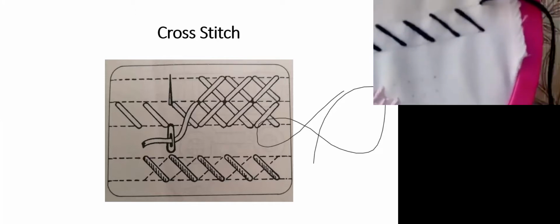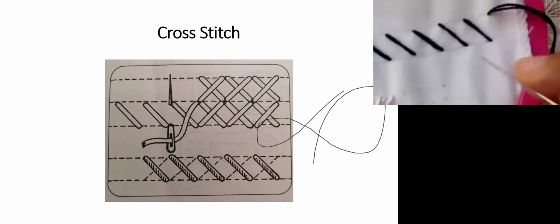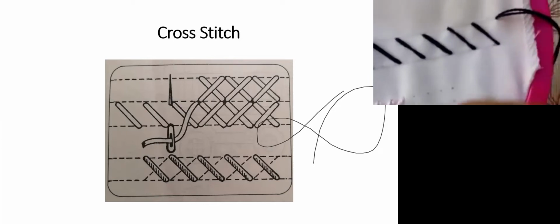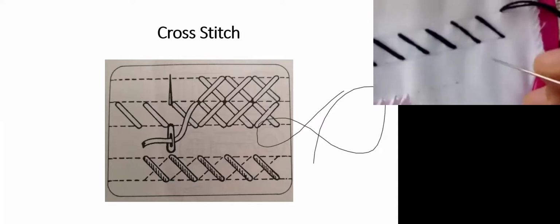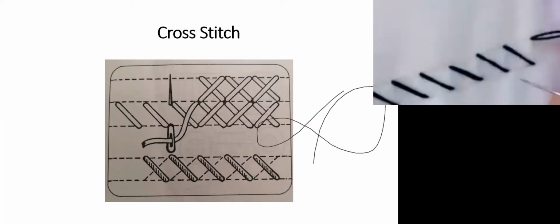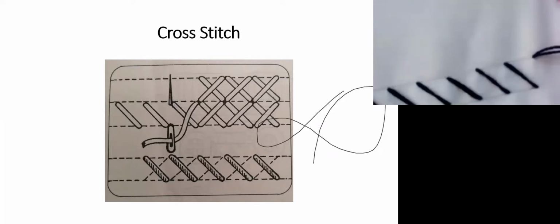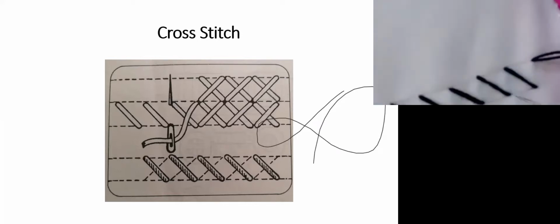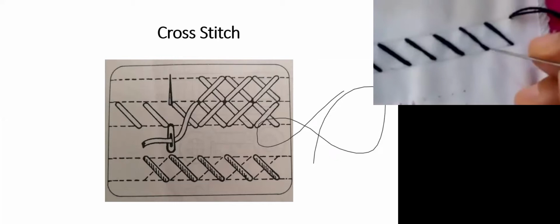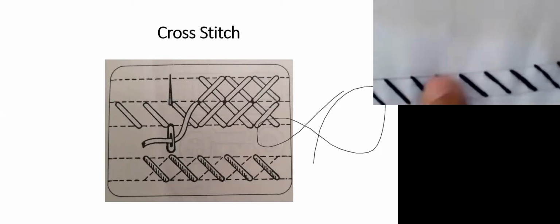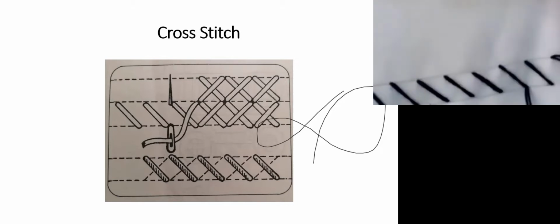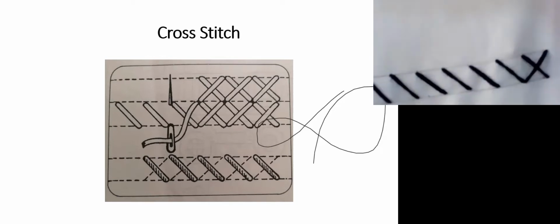The idea for doing this cross stitch in this one angle and then going across is so that you get neatness behind as well, which I will show you afterwards. Because many of them start the cross stitch and they cross it straight away. Then behind it looks all messy.